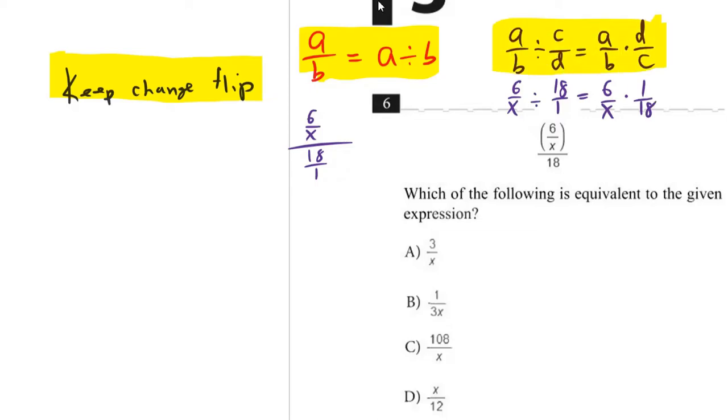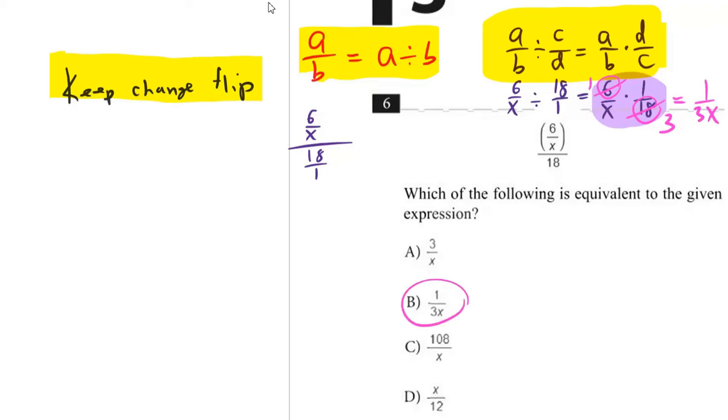So that's our rule, so we'll highlight that in yellow. And now that we have it looking like this, we can realize that whenever you have the same factor on the top and on the bottom, they cancel. So divide 6 by 6 and 18 by 6, you'll get a 3 here and a 1 here. So the answer right now is 1 over 3x, which is B for number 6.